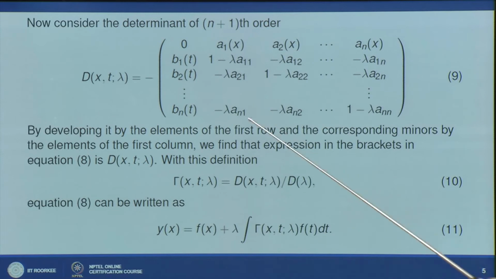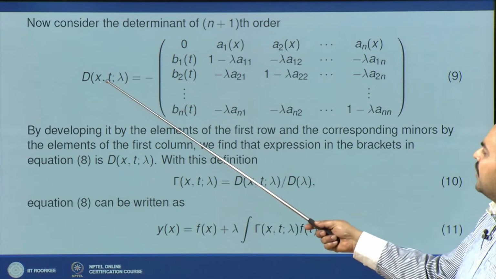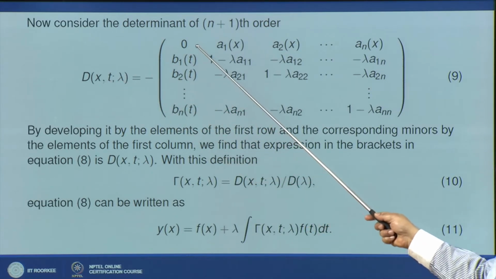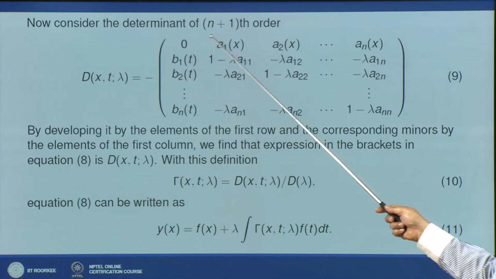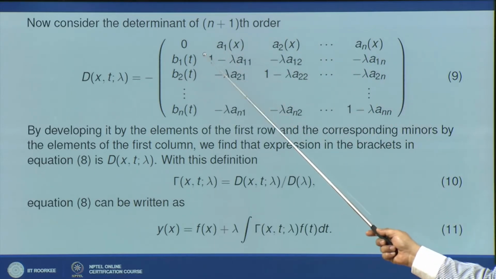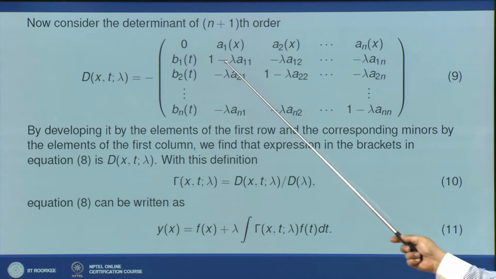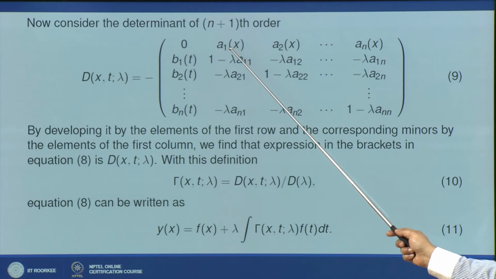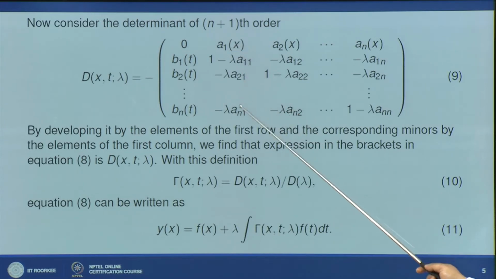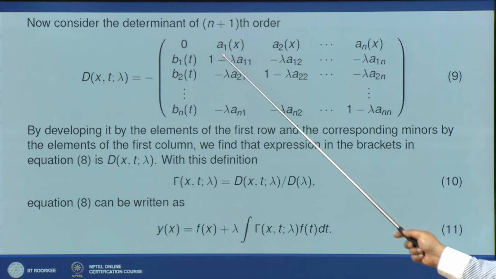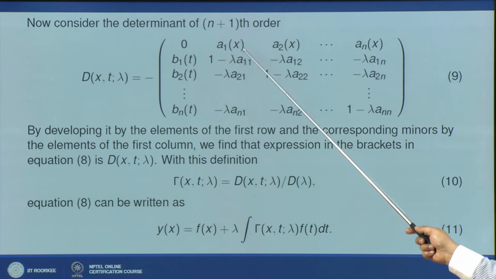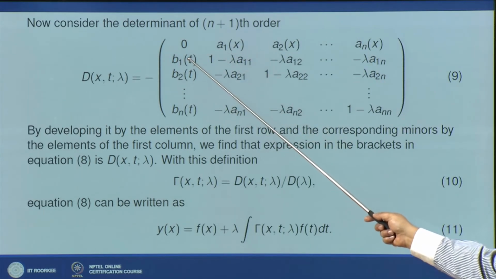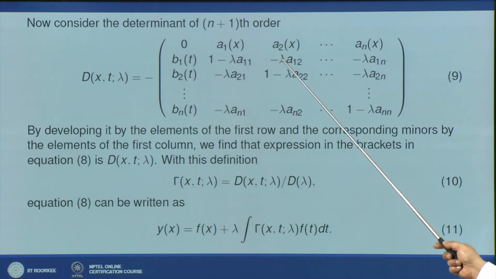If you expand this value D(x, t, lambda), the first thing is we are expanding along the first row. The first thing is 0 into this thing, which comes out to be 0, then we have a1(x), and then this column is gone, this row is gone, then what is left is your b1(t), b2 to bn(t), and this thing minus lambda a12, 1 minus lambda a22, and so on.